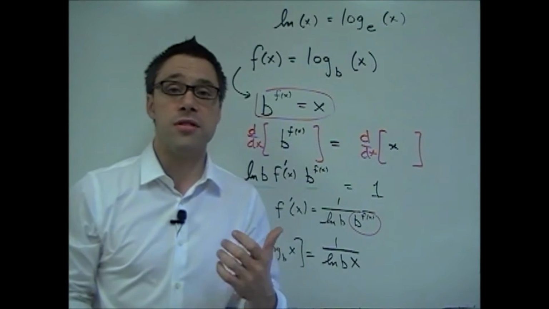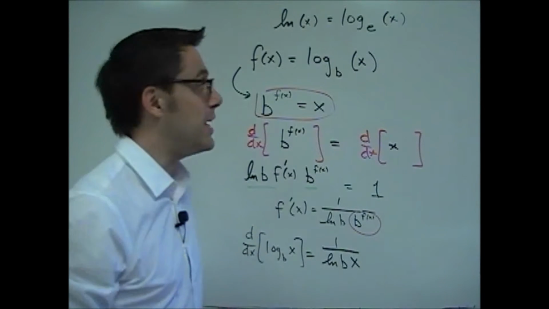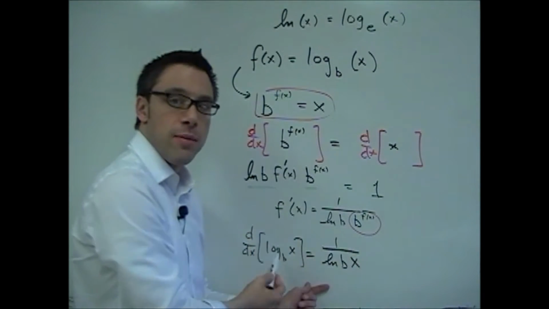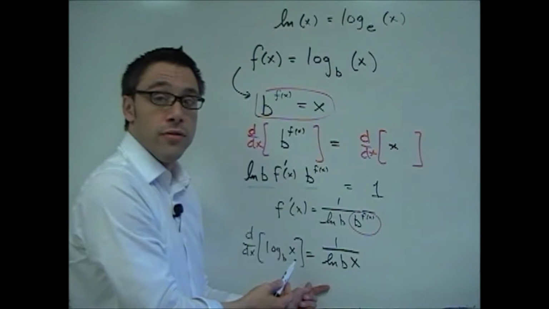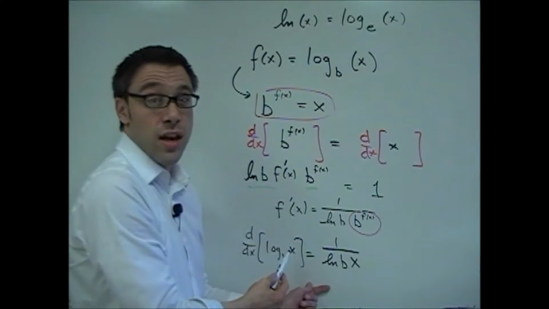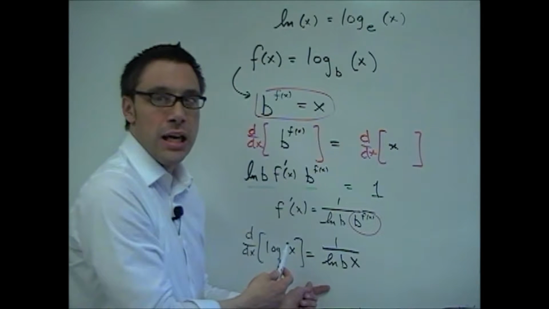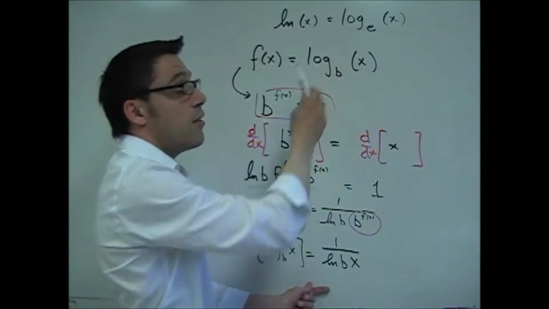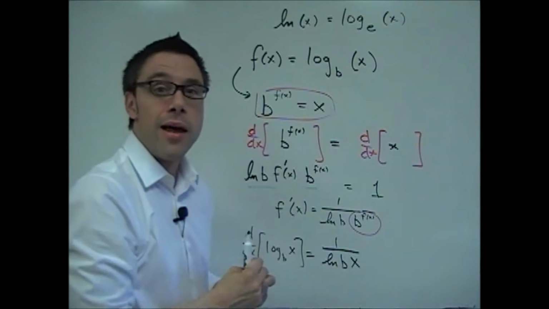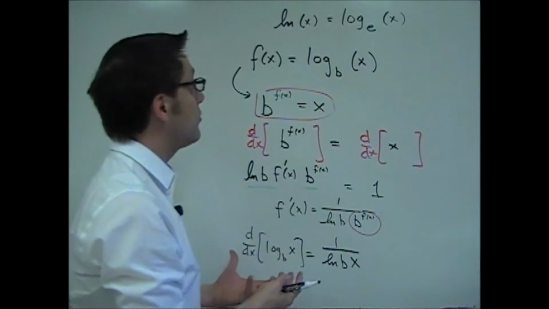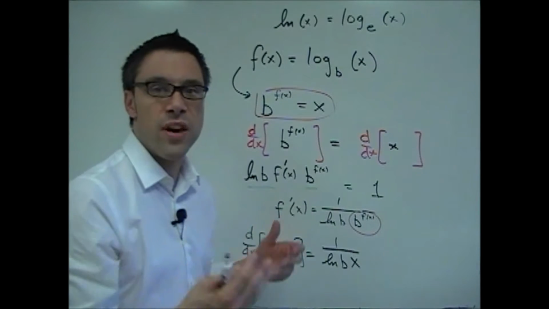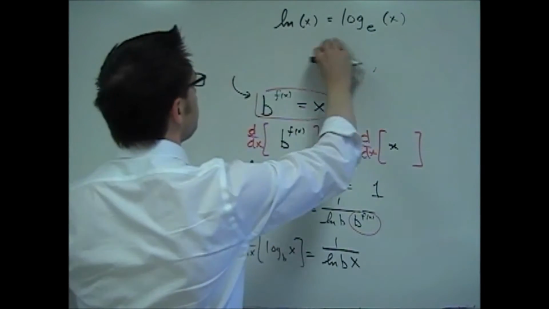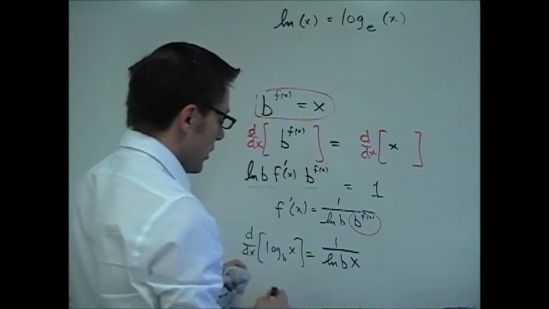Natural logarithm is defined as the logarithm base e. So in other words, if I take the expression that I came up with for the derivative of a generic logarithm base b, and replace all the b's with the special b, e, then I get the expression for the derivative of the natural log, the most famous version of the logarithmic function. So let me do that. You can see it's fairly easy.